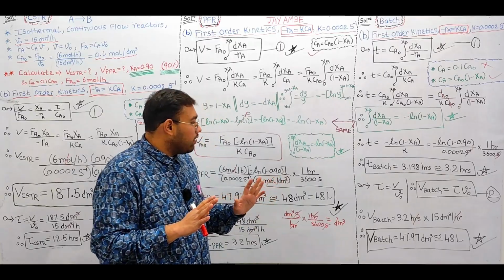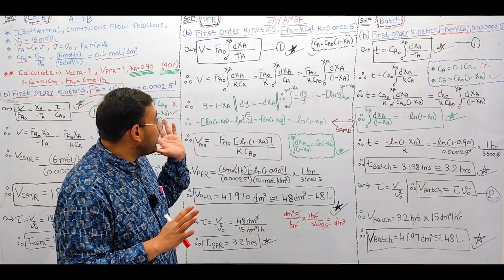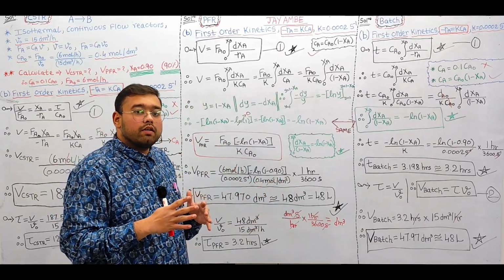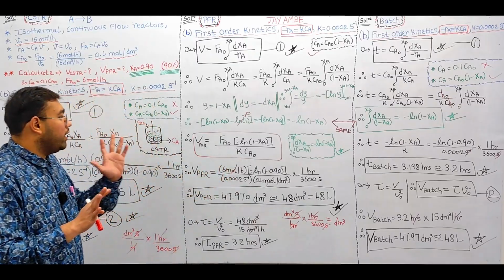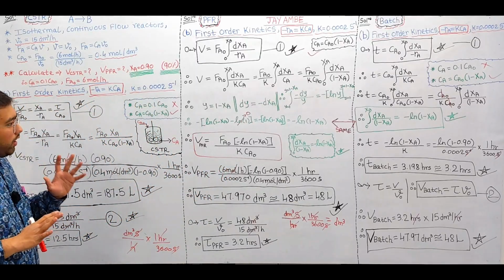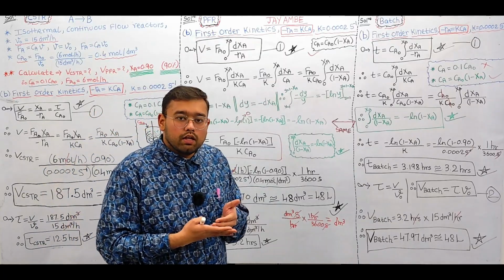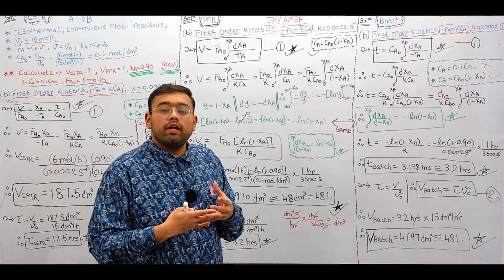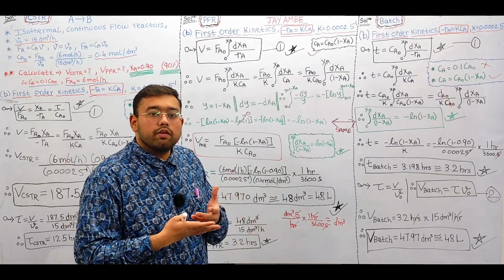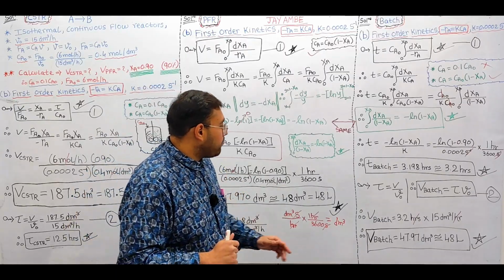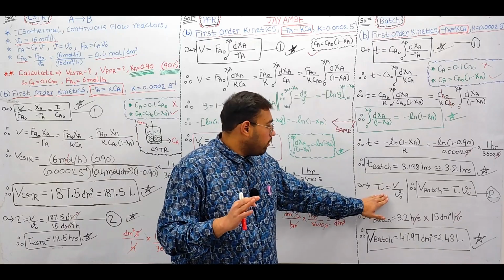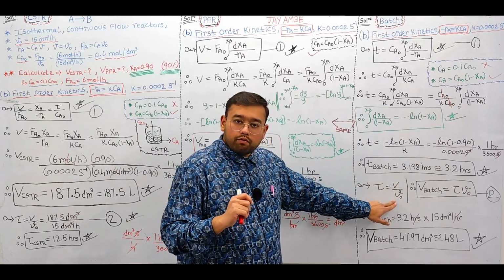Let's say, for example, the calculations by using the performance equation are correct in all the industrial reactor designs, right? But the volume of the industrial reactors we are calculating by using the fundamental concept of space-time, where space-time is the ratio of volume to its volumetric flow rate.